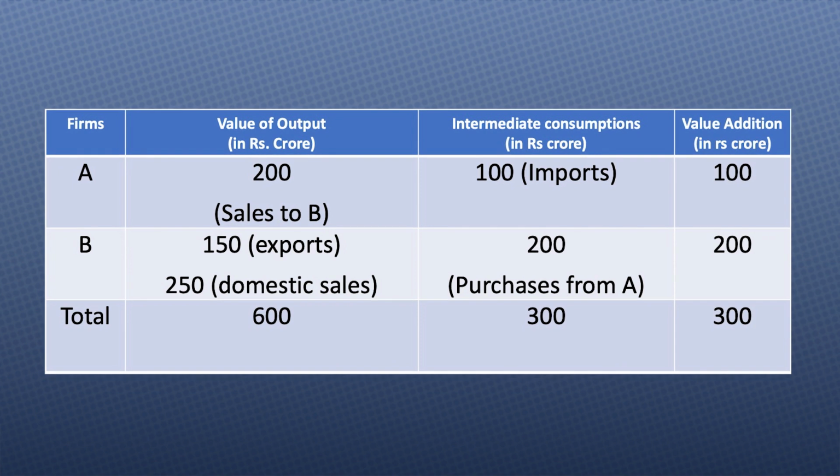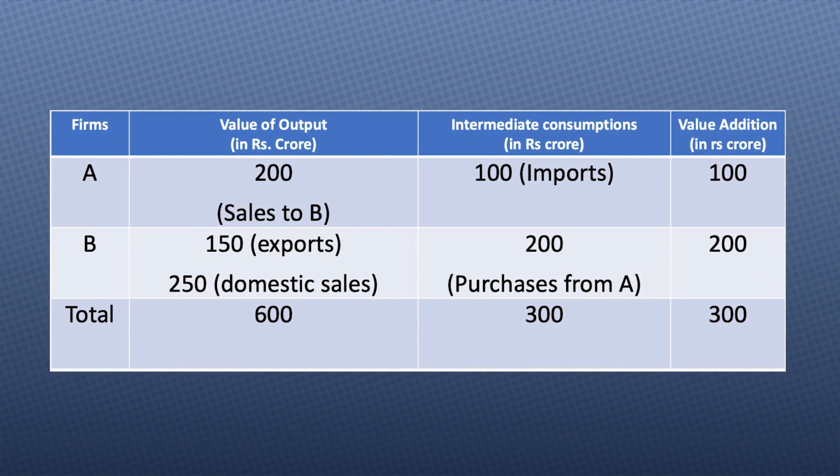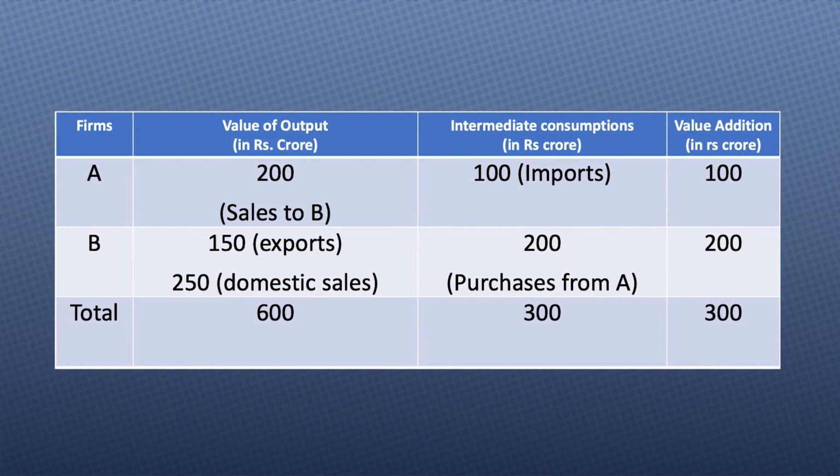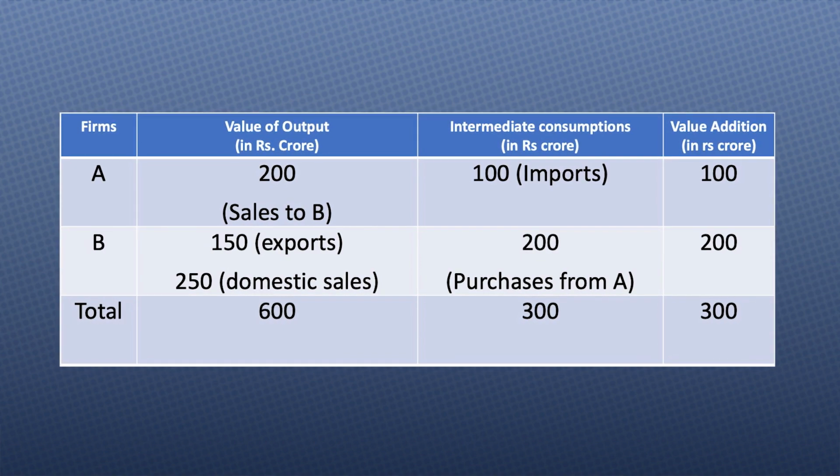Students, in this question it is given that there are only two firms in this hypothetical economy. So, domestic product is the summation of value added by these two firms only. Hence, gross domestic product at market price will be the summation of value added made by firm A 100 crores and value added by firm B 200 crores, total 300 crores.